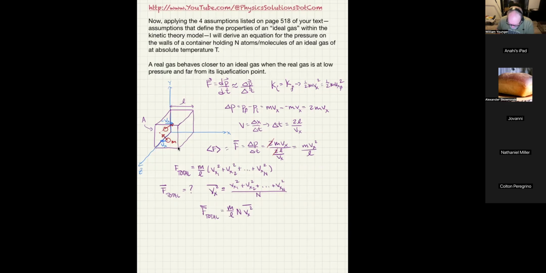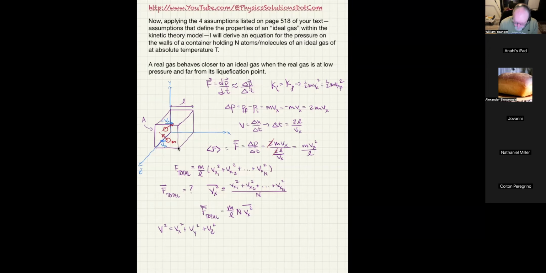But it turns out that the square of the velocity for a particular molecule or atom is given by the sum of the squares, Vx squared plus Vy squared plus Vz squared. That's just our Pythagorean theorem: the sum of the squares, if all three are perpendicular to one another, is equal to the square of the magnitude.